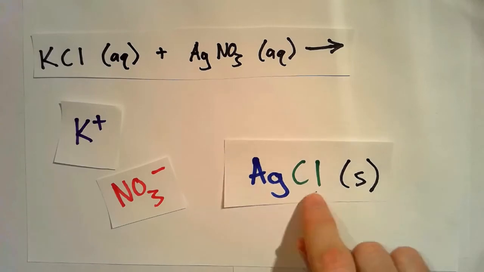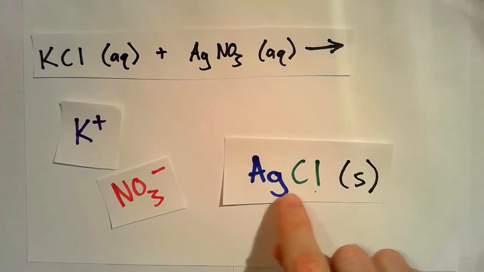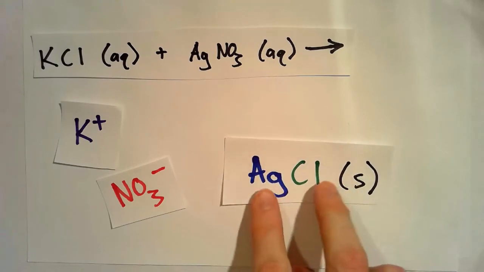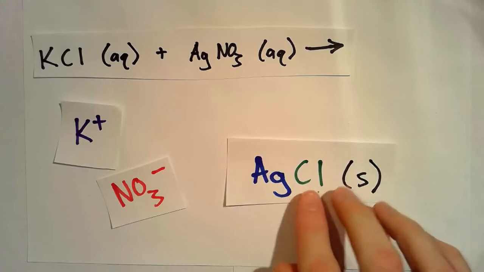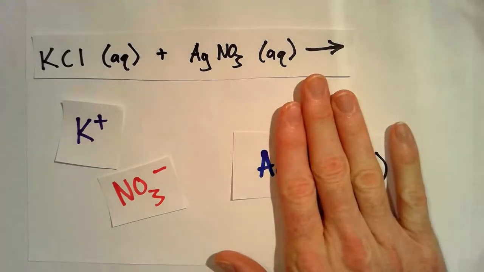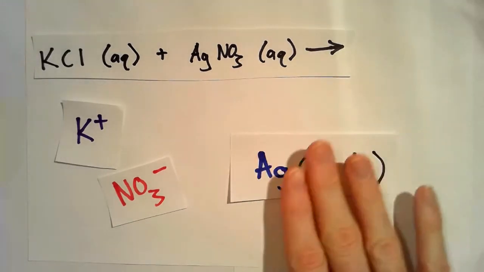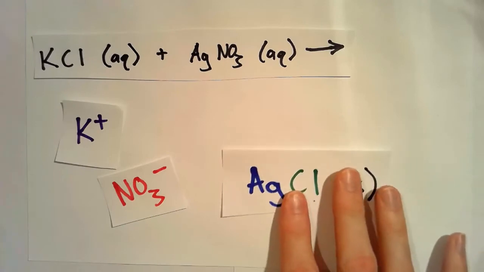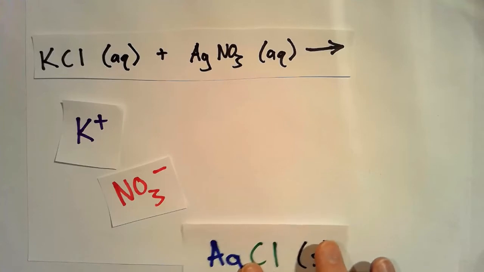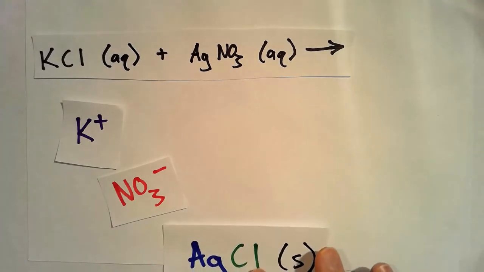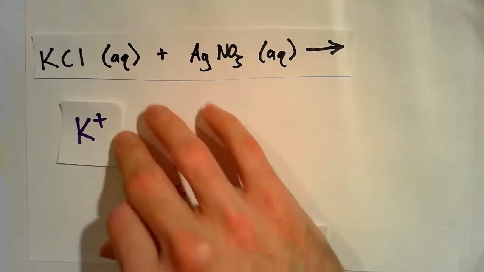This silver chloride is not soluble in water, so as soon as they come in contact with each other and start to attract to each other, they have now formed a solid. And once those are a solid, they are locked in. And so now they will precipitate out and come down to the bottom and sit at the bottom of the test tube or the sample.